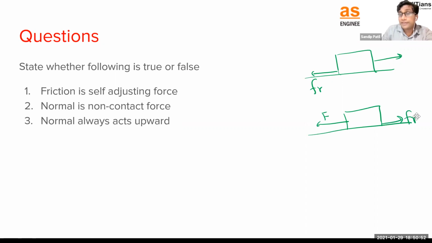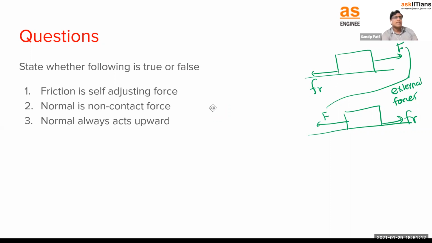We are not applying the frictional force; we are applying the external force. These are both called external forces. We apply the external force, but friction gets generated by itself. Therefore, it adjusts itself, so we can say it is a self-adjusting force. Okay. So obviously, this statement is true.